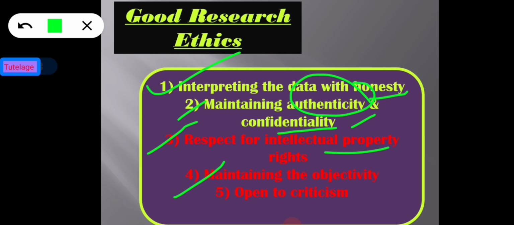Now going to the last point, which is being open to criticism. Researchers should be open to criticism and new ideas, and feel free to share research findings, resources, etc. One of the most important things about good research ethics is that a researcher can provide small gifts or incentives to respondents as a token of appreciation after data collection.